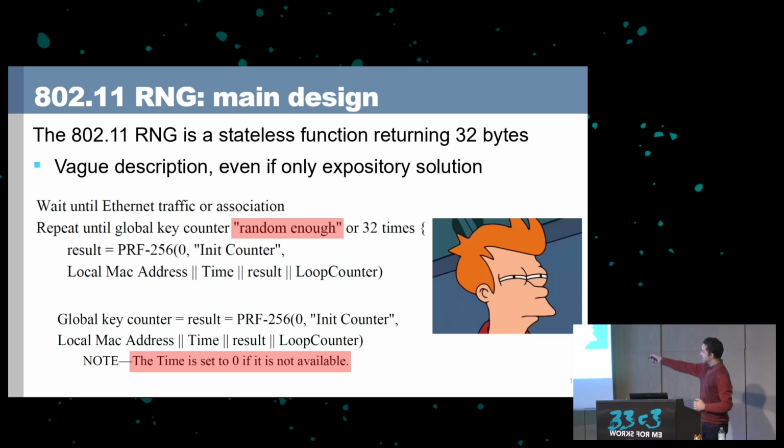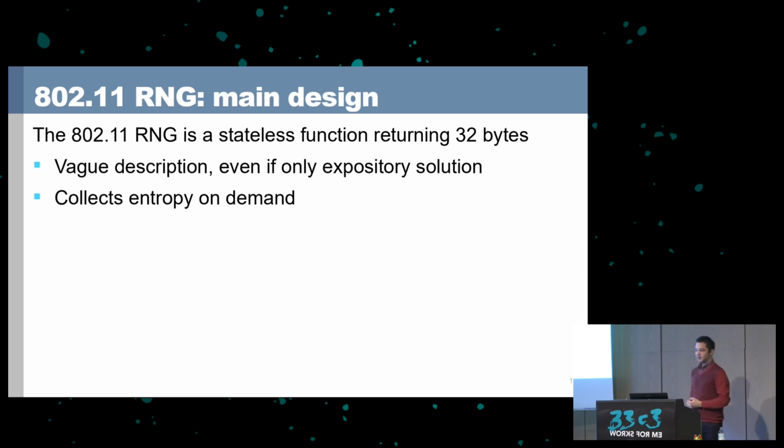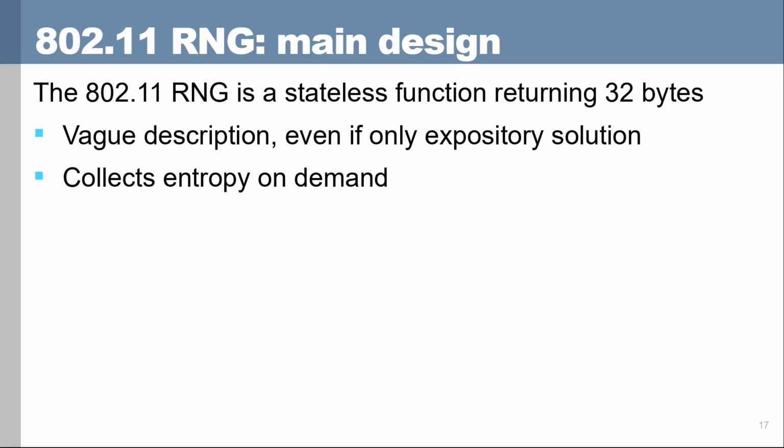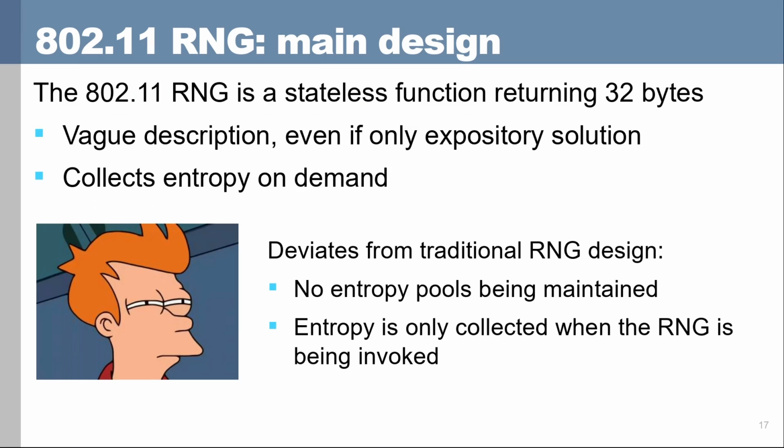Now, to come back to this stateless part, the random number generator is executed on demand, and only when this function is called is randomness collected. Again, this is a very strange design, because a proper RNG, for example the one in OpenBSD or the one in Linux or any decent design, constantly collects entropy in the background.